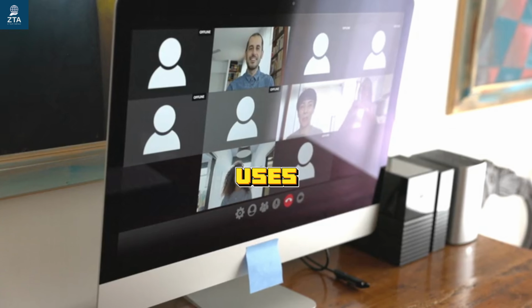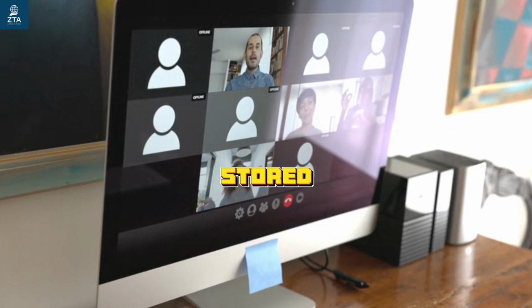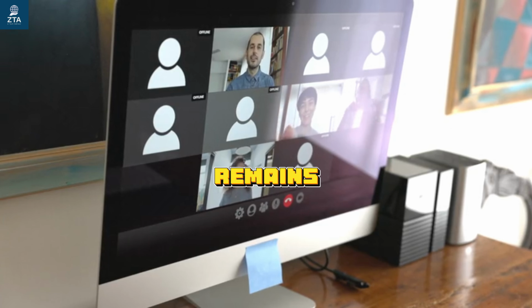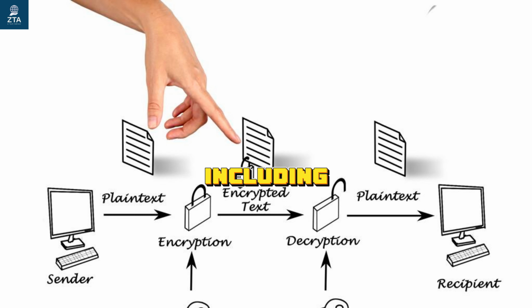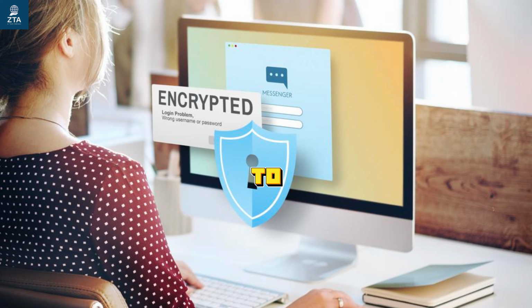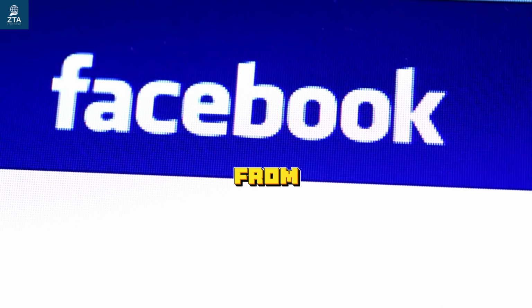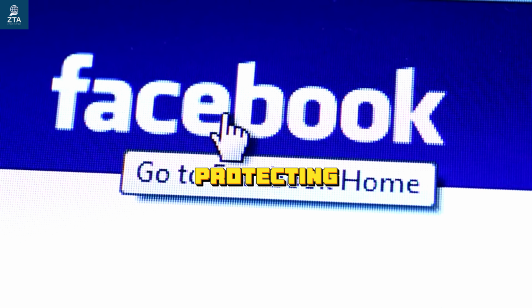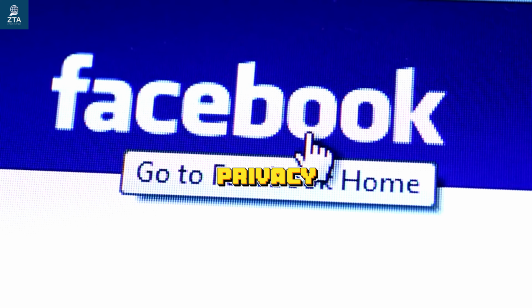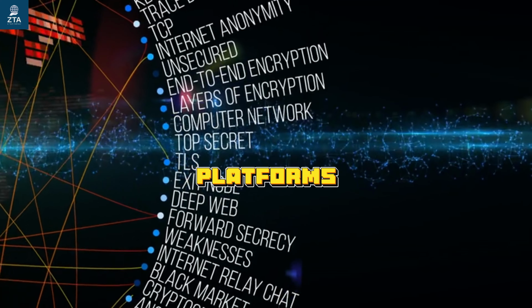Dropbox uses encryption to protect files stored and shared on its platform, ensuring that user data remains private and secure. Facebook uses encryption for its messaging services, including Messenger and WhatsApp, to protect user communications from unauthorized access. These real-world examples highlight how integral cryptography is to protecting sensitive data and maintaining privacy in various digital platforms.